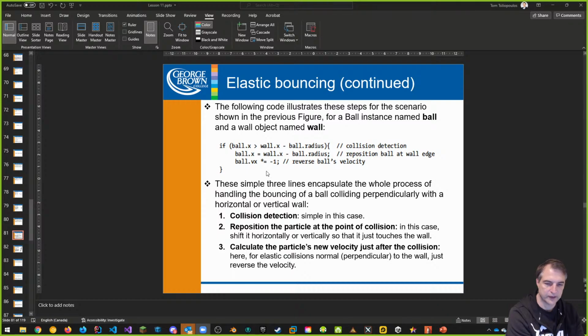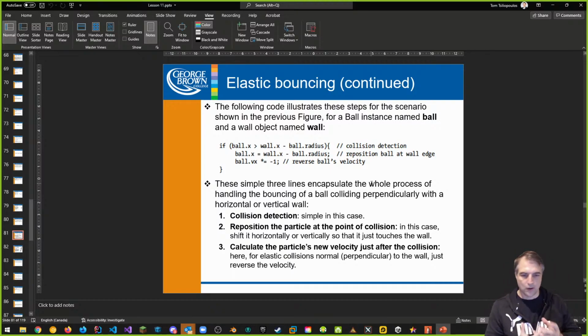So really simple. Now this idea is something that we can carry forward in 3 dimensions. Once we penetrate the wall, we want to reposition the ball back out at the wall's normal, where you're going against the wall, and then reverse the ball's velocity.